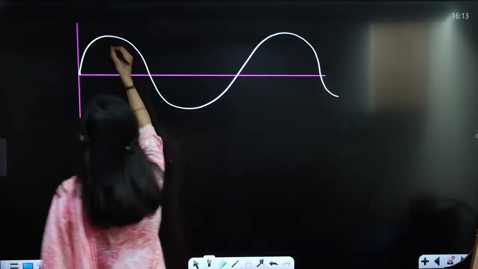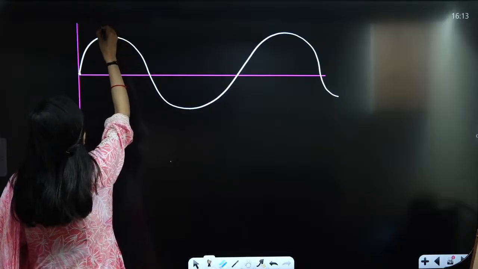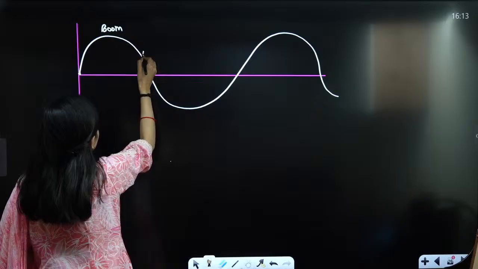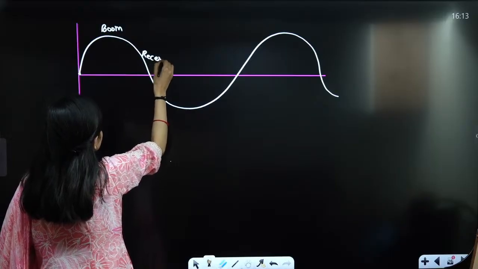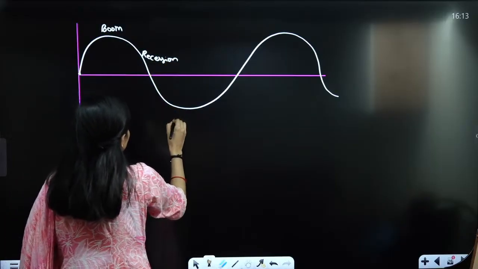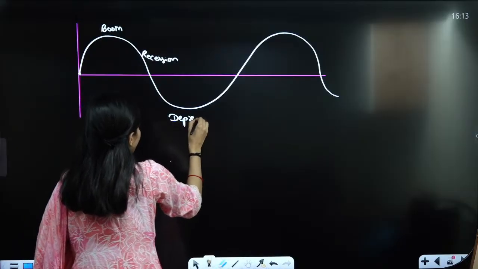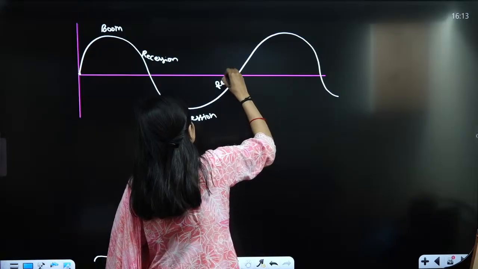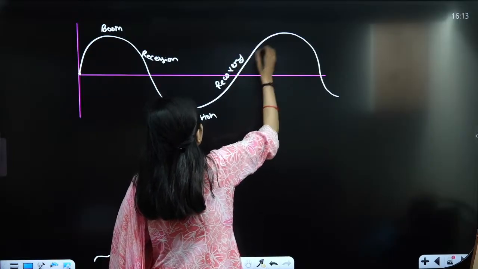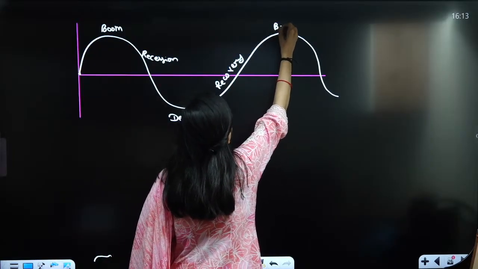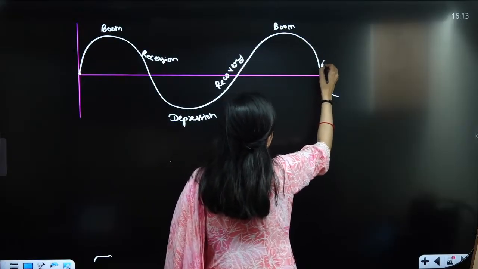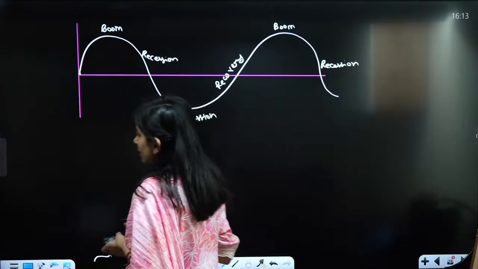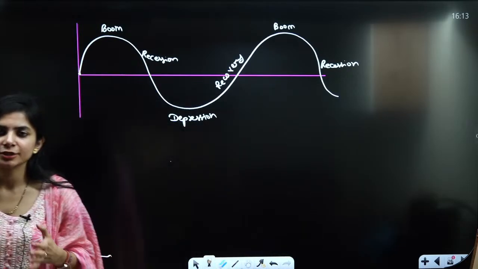So it means once you achieve the boom, there would be a situation when you will feel the recession, then you would have the depression, and you will have the recovery. Again, you will have the boom. Again, you will have the recession. It means there are some stages of the economy.